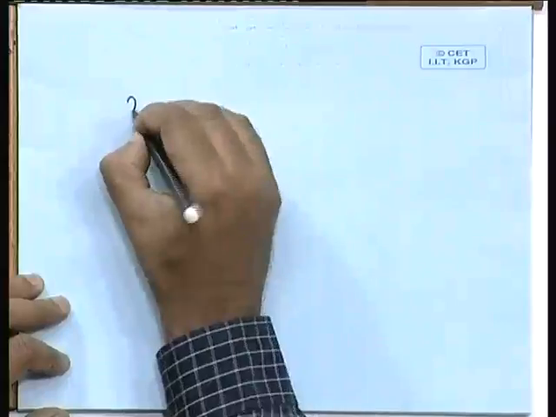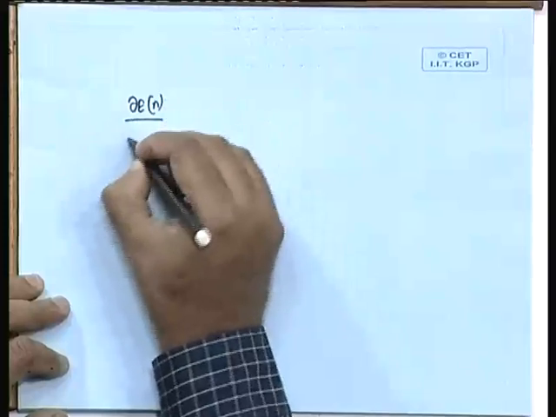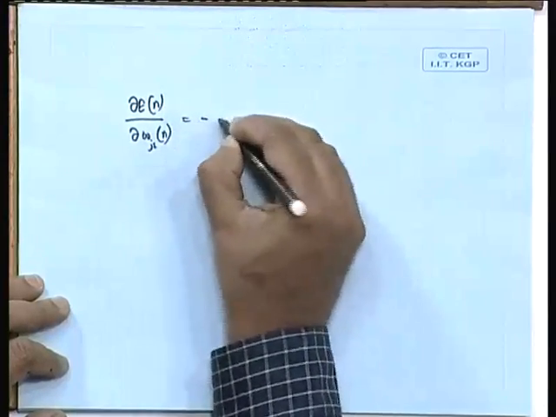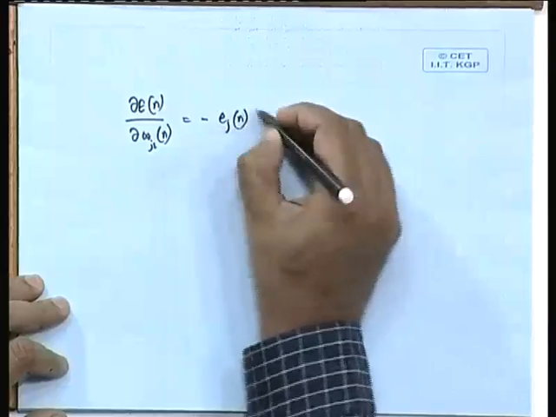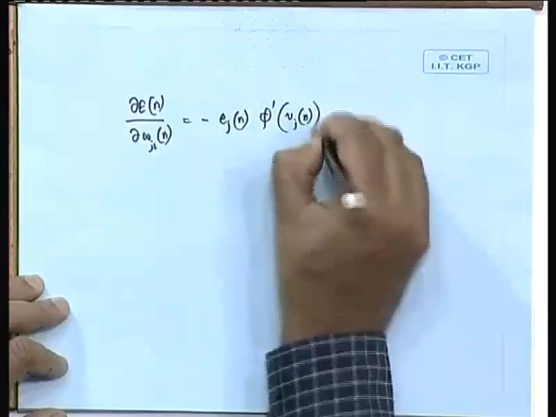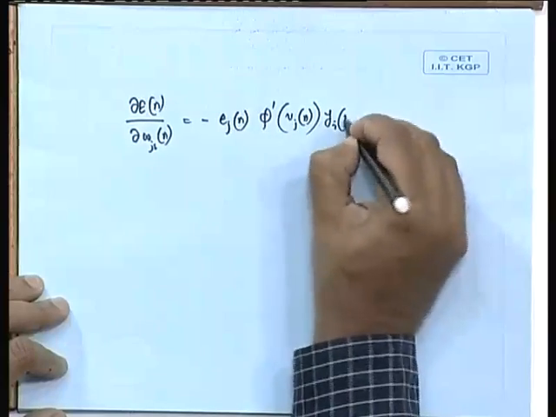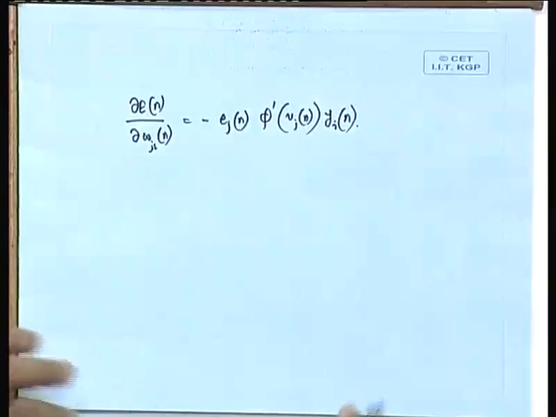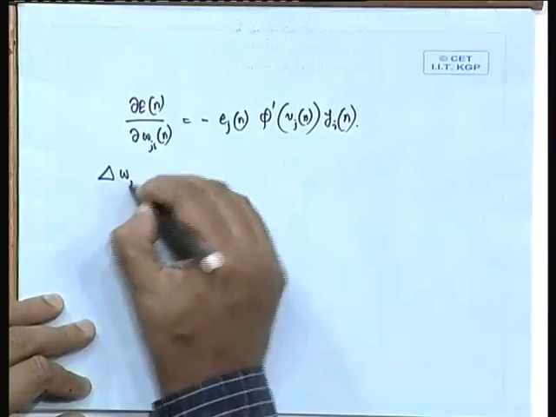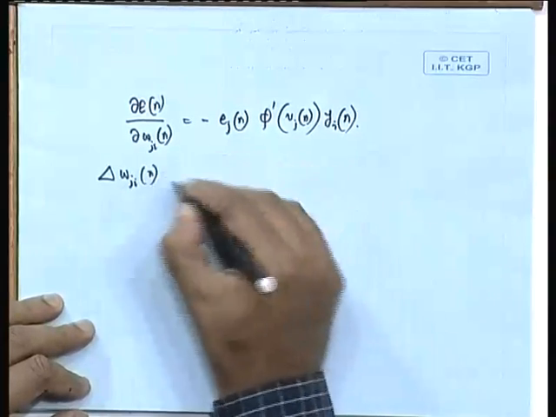So we can express it as follows: ∂E(n)/∂Wji(n) is equal to minus Ej(n) phi dash Vj(n) Yi(n).